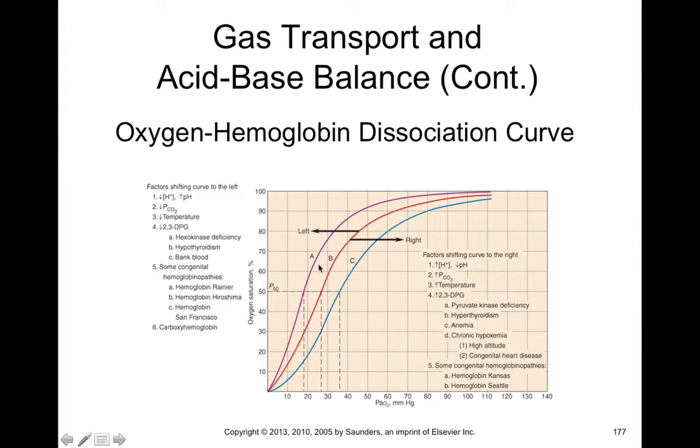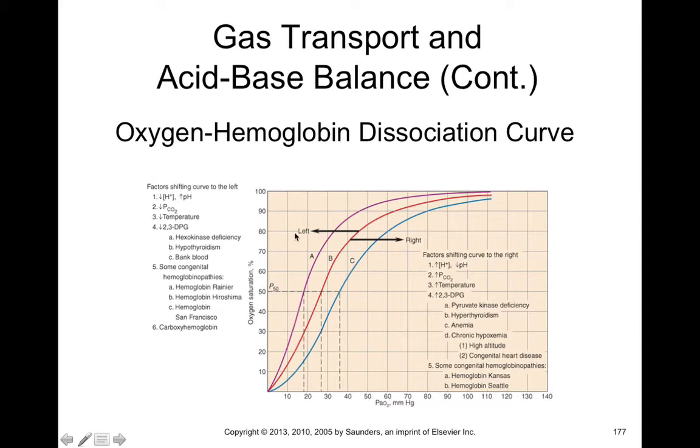So with curve A, these are the conditions that promote hemoglobin to hold on to oxygen more strongly and be less likely to release oxygen under changing levels of oxygen saturation. B is going to be a condition where hemoglobin releases oxygen more readily, and therefore at different degrees of oxygen saturation, you can find higher levels of O2 in the blood, and C even more so.